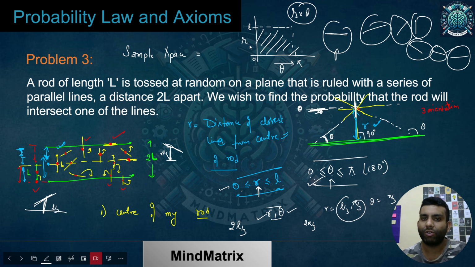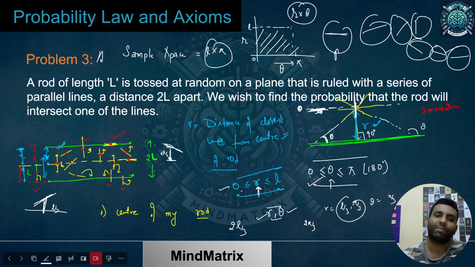The maximum value of r is L, so 0 to L, into the maximum value of theta, pi, 0 to pi is the range. So the area of the sample space, meaning all the points I'm considering, is equal to the area of this region, and that is L pi.